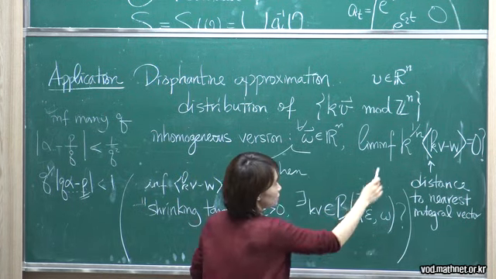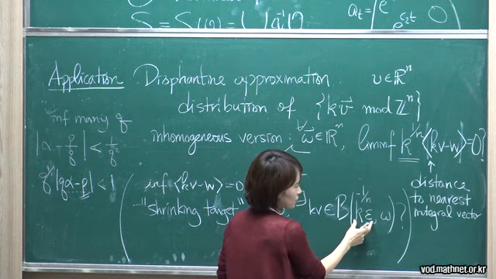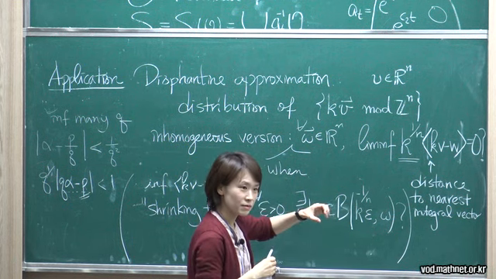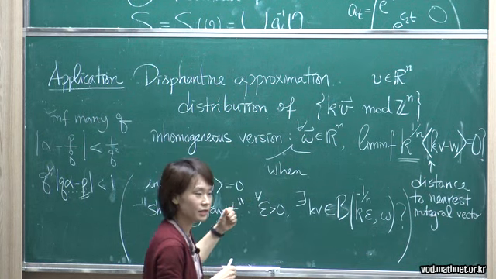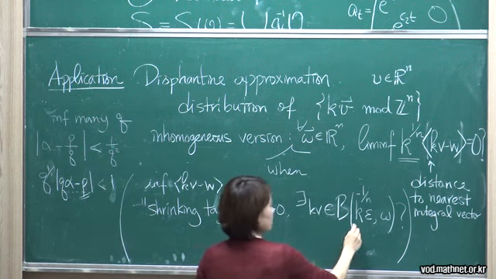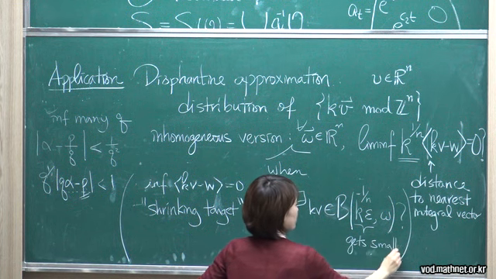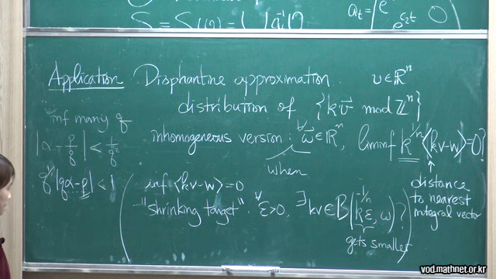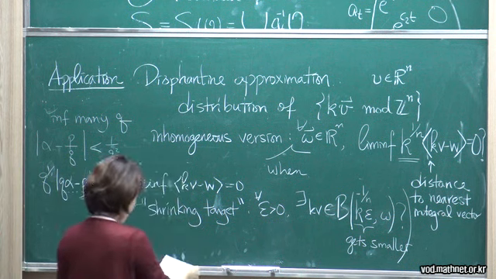This radius is a decreasing function of k, so the target ball gets smaller and smaller as k goes to infinity. So that was the question we wanted to solve.